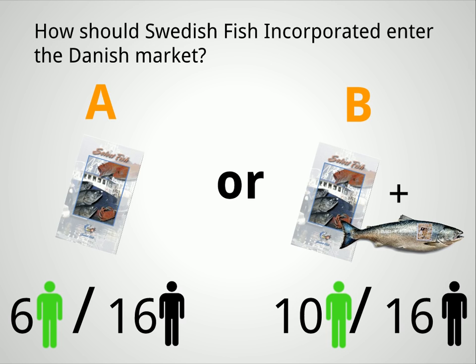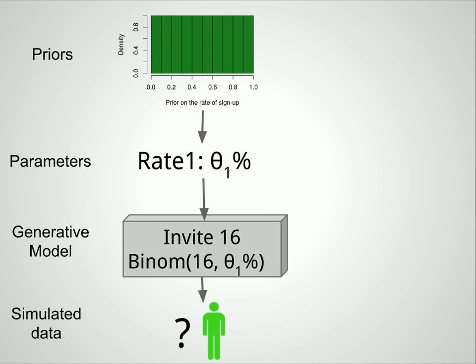And sure, there is some evidence that method B is better, but how certain or uncertain should we be that this is the case? So what we want to do is to specify and fit a Bayesian model that helps us answer these questions. This is the model we had before when we just had one advertising method. We drew a rate of sign-up from one prior and ran a generative model that gave us one simulated dataset.